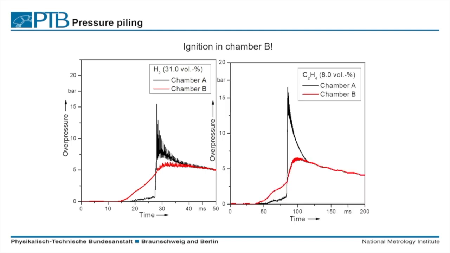In the chamber where we ignite, we see more or less the expected flame behavior: pressure increases slowly as a function of time. And in the second chamber, when the flame reaches it, due to this hot turbulent flow, we have a very fast pressure rise.